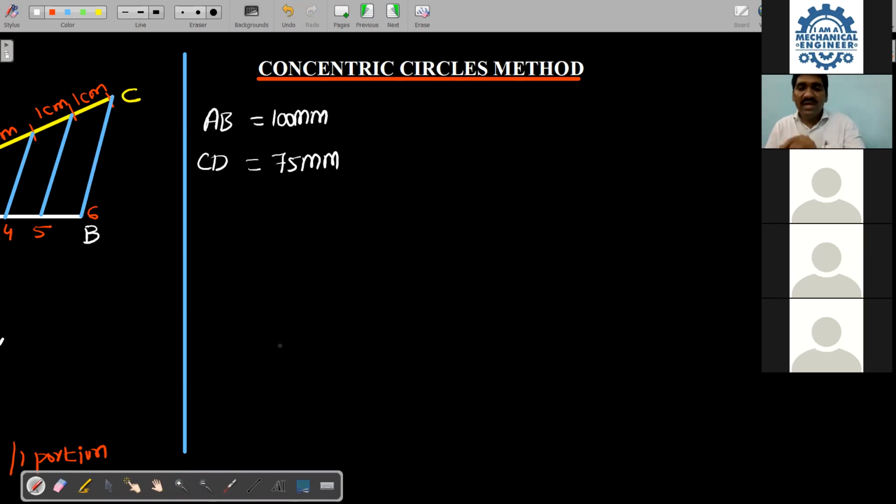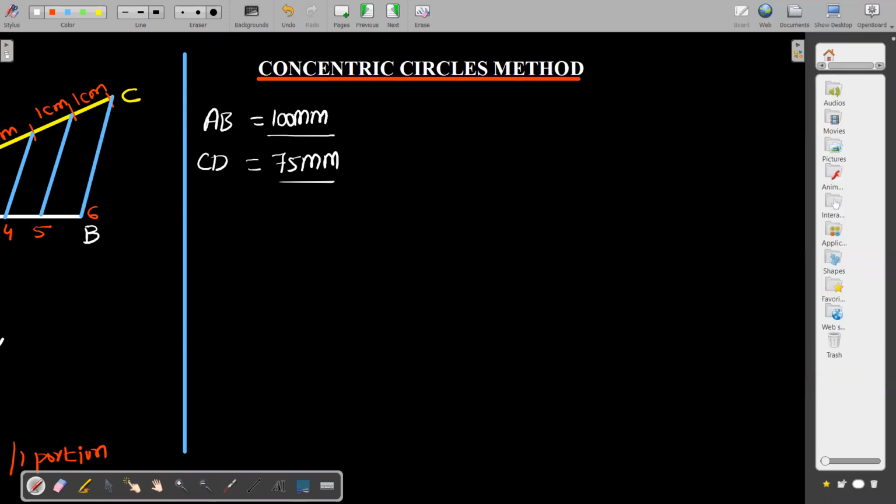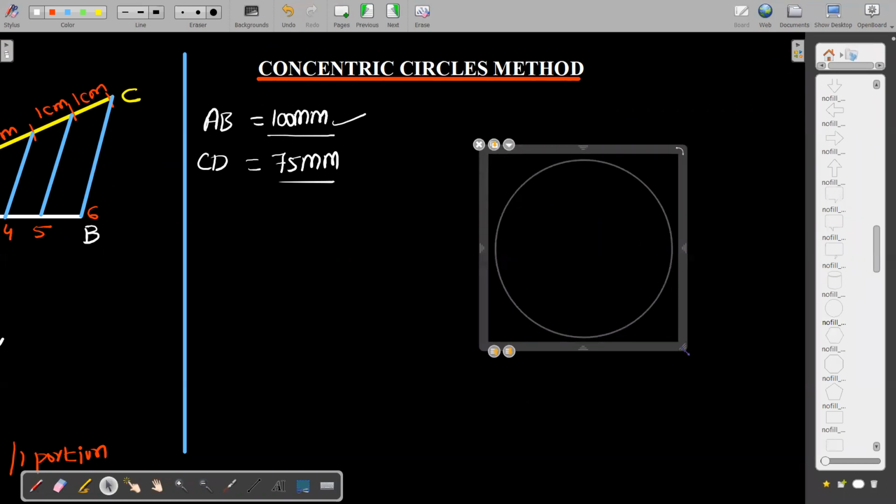Okay, now listen carefully, all of you. This one is the major axis, this one is the minor axis. Now you should take 100 mm as diameter, and you should draw a circle like this.